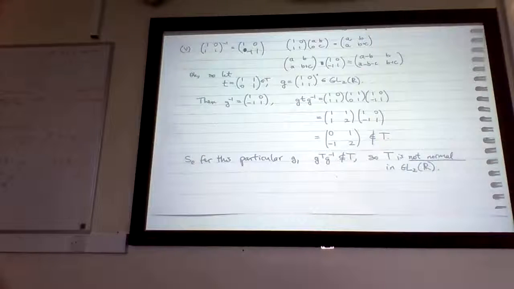Notice he's still making use of the same principle that we made use of before. When you conjugate the subgroup, do you always end up back inside the same subgroup?